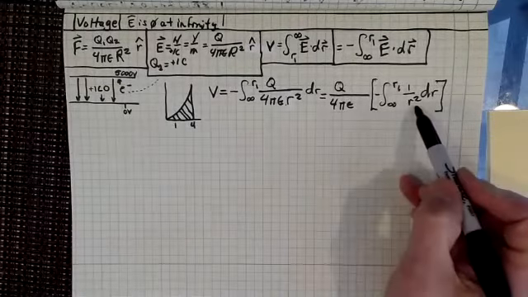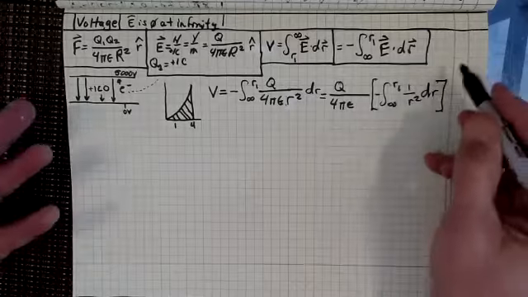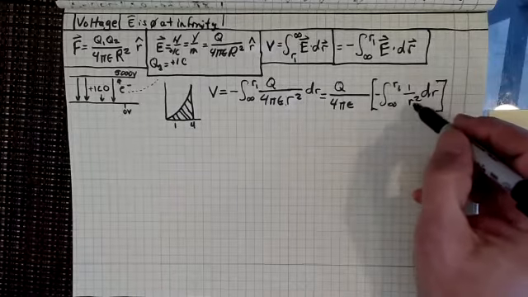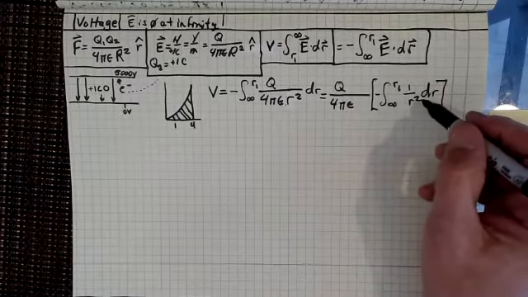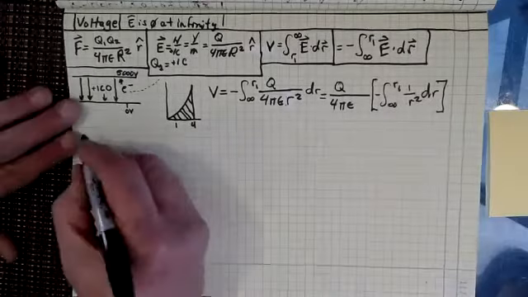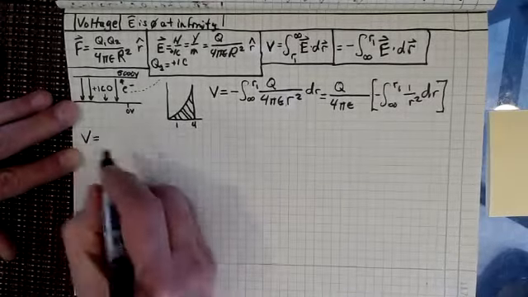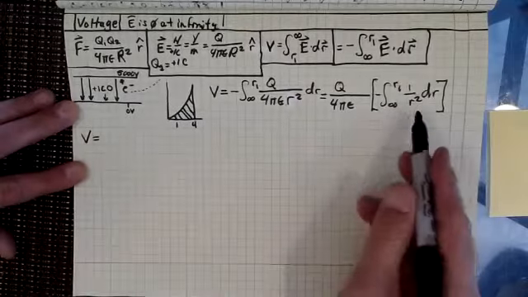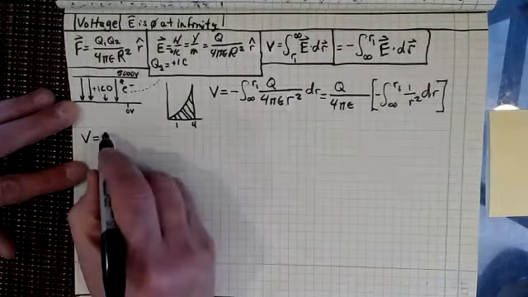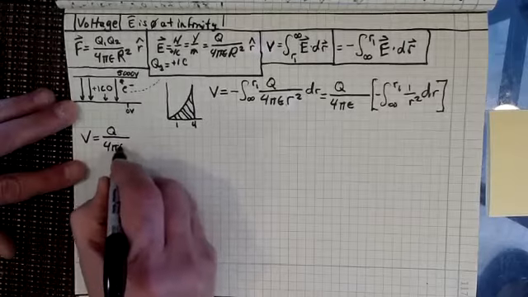And that's just R to the minus 2, and I'm sure everybody realizes that to integrate, R to the minus 2 would be R to the minus 1 divided by minus 1. So that's what I'm going to do. I'm going to come down here and continue the derivation that I've got going on up here. And so that's Q over 4 pi epsilon.